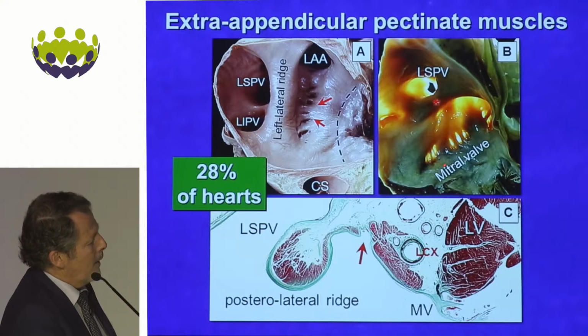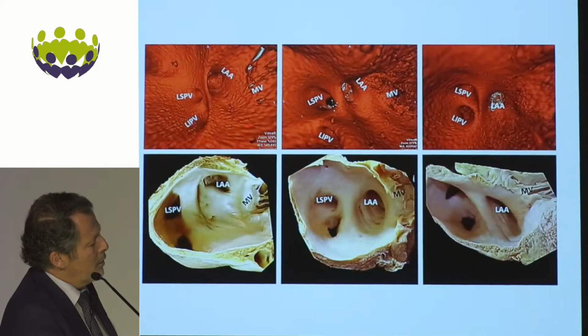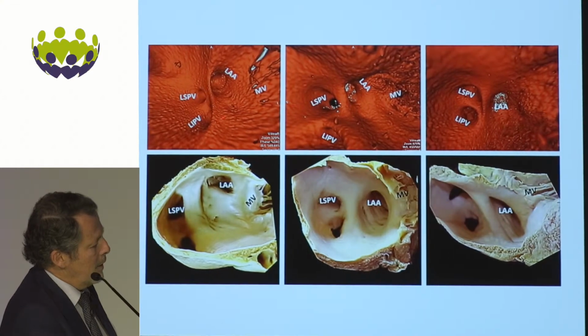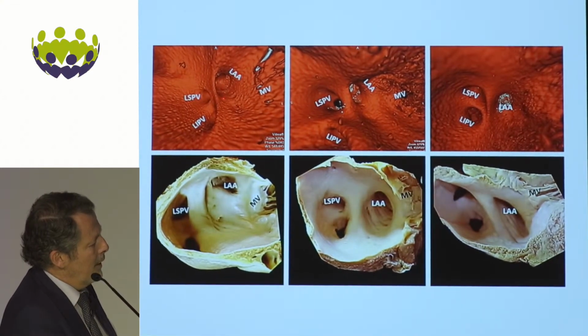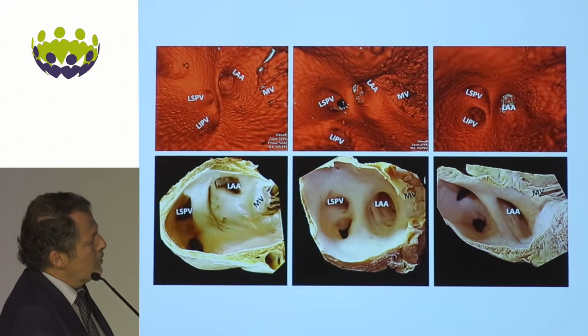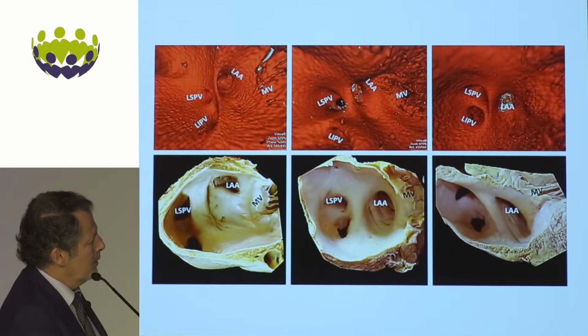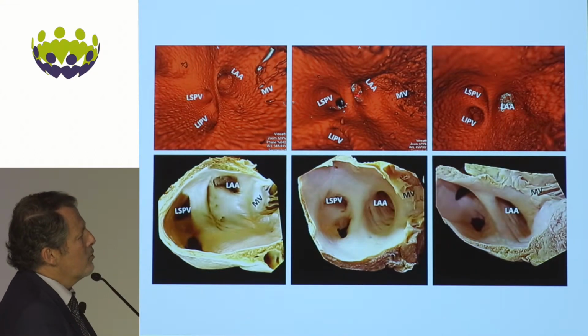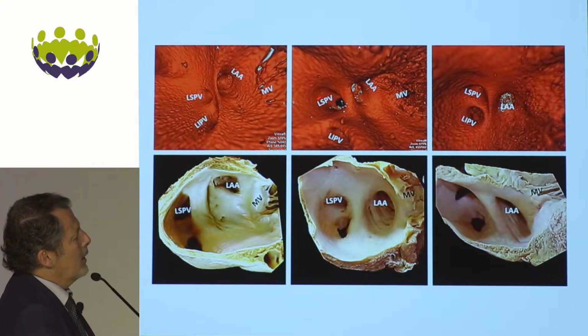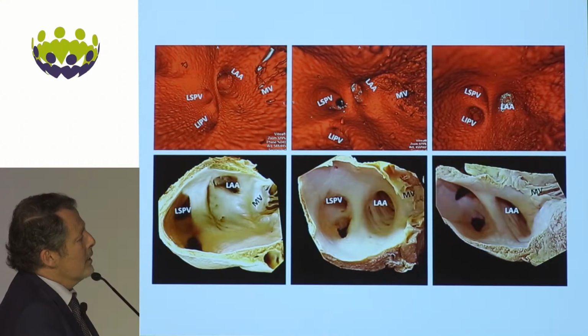Here you can see the ridge, left superior, from superior to inferior, and the left superior pulmonary vein, the vestibule of entrance to the mitral valve, and the orifice of the left atrial appendage. Here you can see the anatomic relation between the orifice of the left atrial appendage and the left superior pulmonary vein that has also been studied by Lopez-Minguez, and you can see the left superior that in some patients is not at the same level, the left atrial appendage, the left superior pulmonary vein, marked by this ridge.